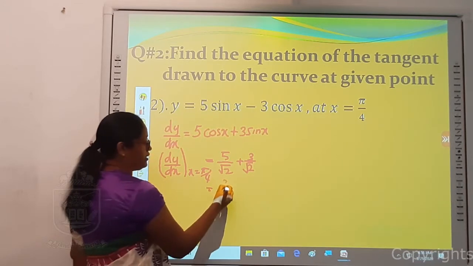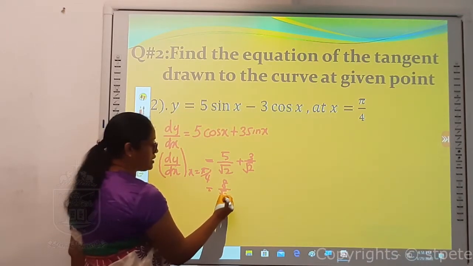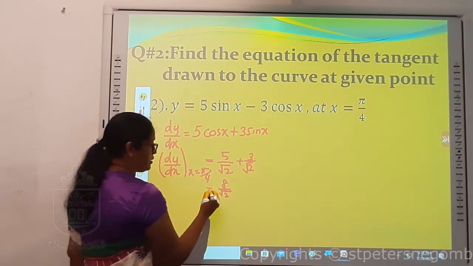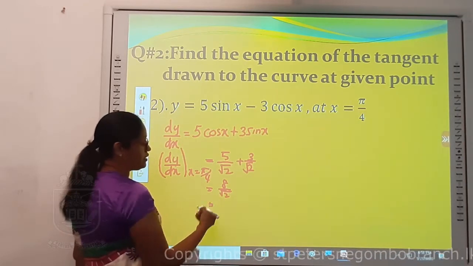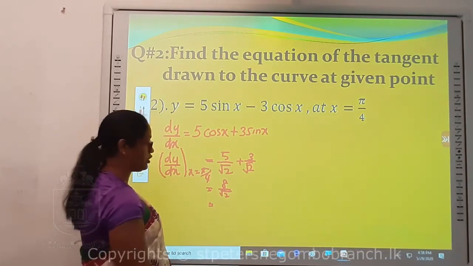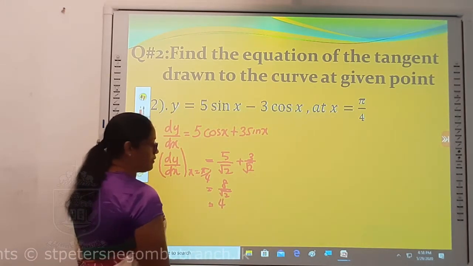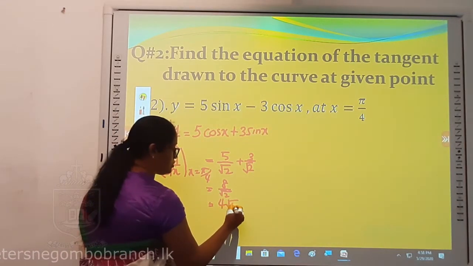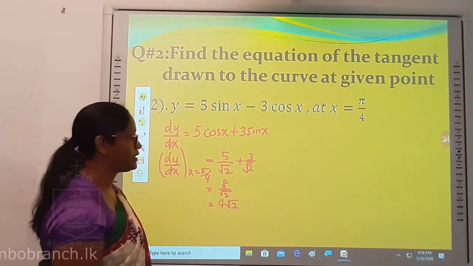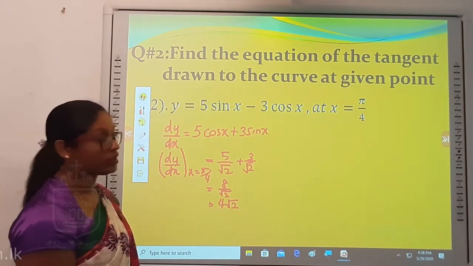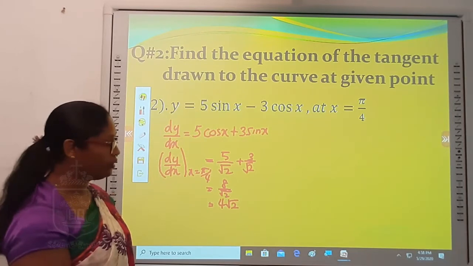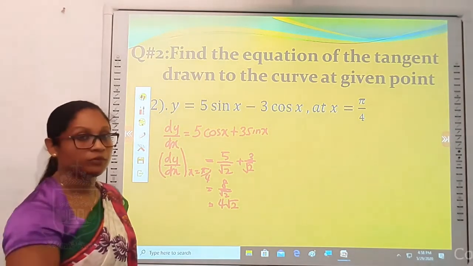So here 8 over root 2, I just bring this square root to the numerator. So this can be written as 4 root 2, right? So 4 root 2 is the gradient of the tangent drawn to the curve at x equals 5 by 4.